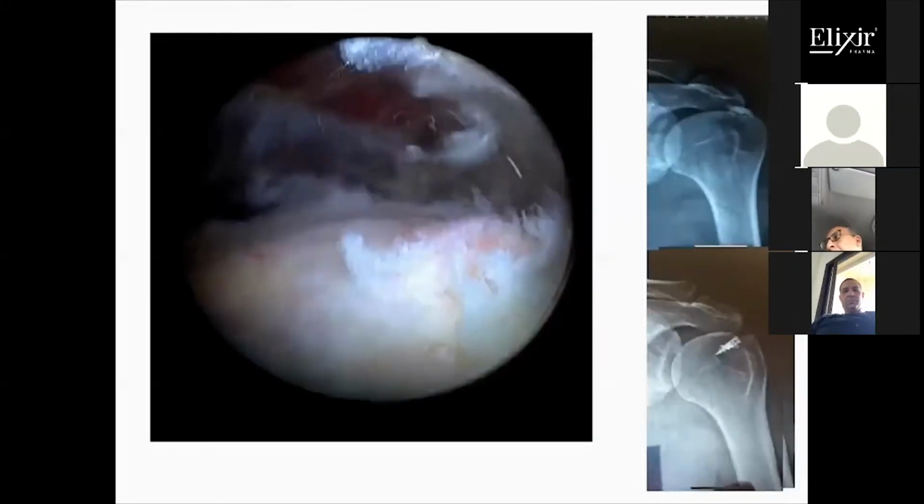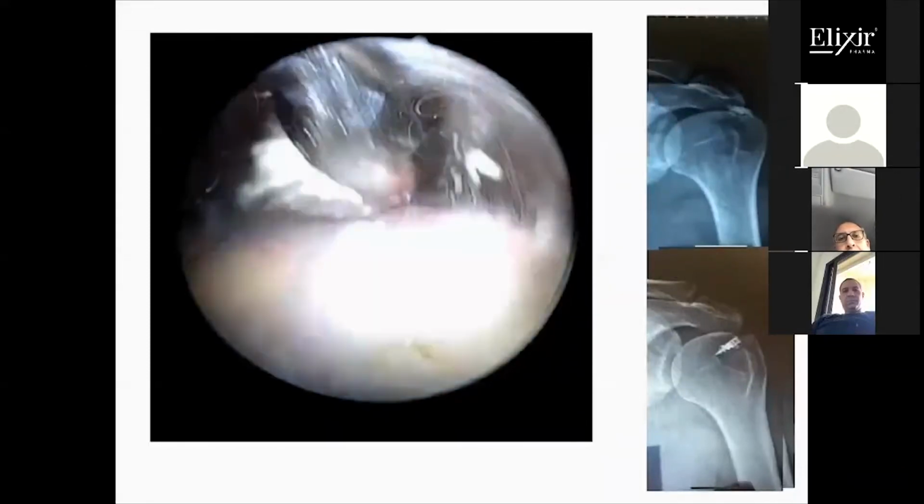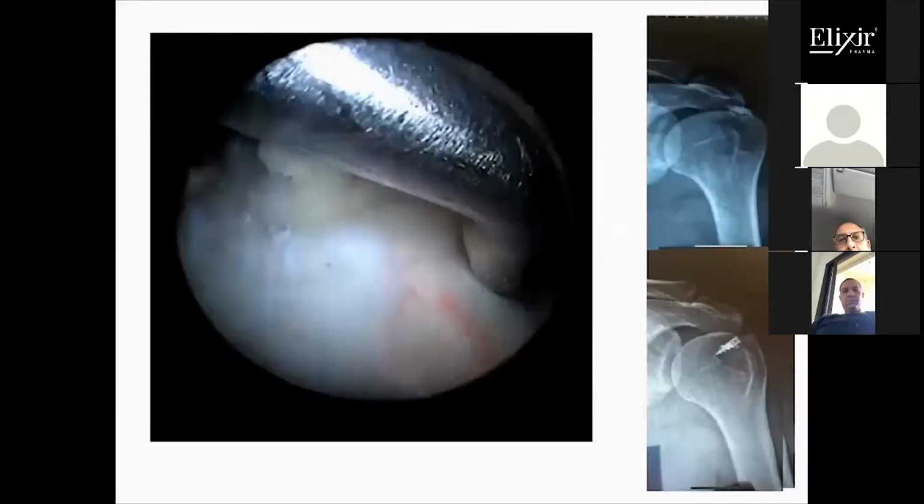A curette can be introduced to debride the calcium deposits and milk the tendon to squeeze out the calcific paste.